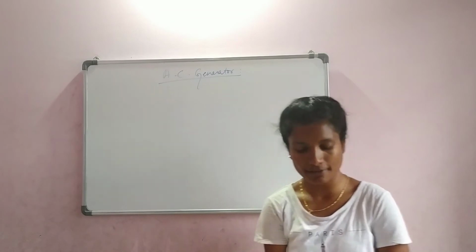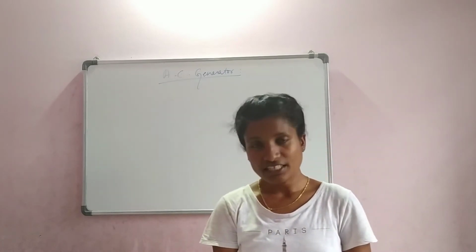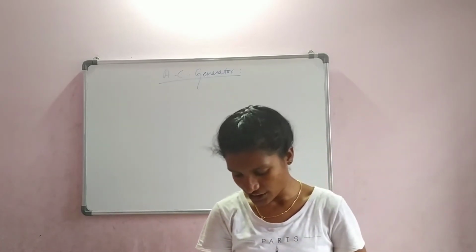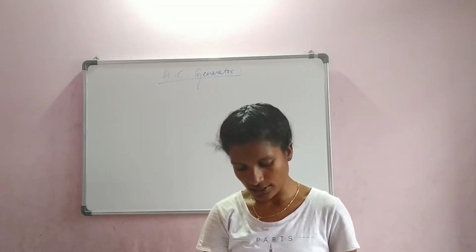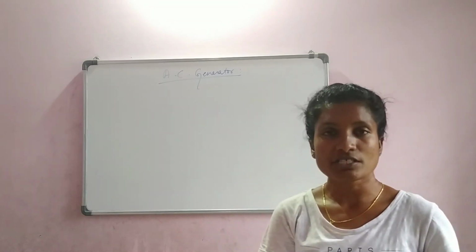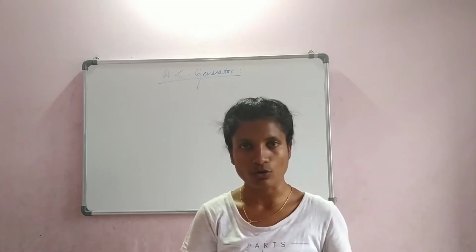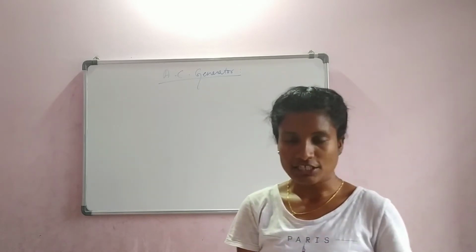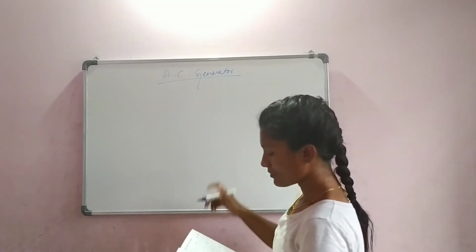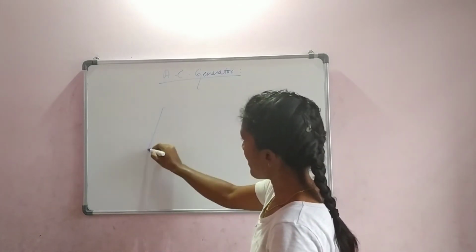Okay, AC generator. AC generator is alternate current generator which produces the current in reverse direction continuously, in both the directions. It goes clockwise and anti-clockwise. How do we construct that? So there is a diagram given here. There are two magnets.